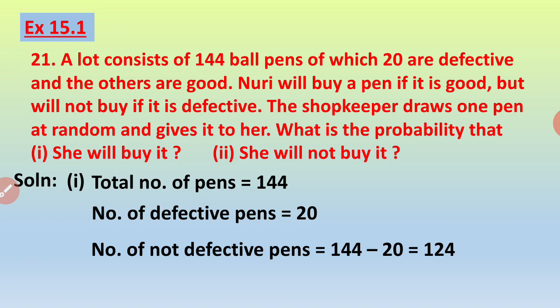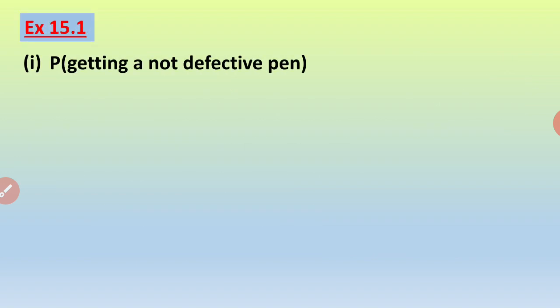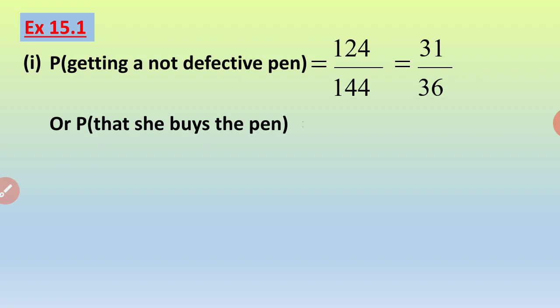So the probability of getting a good pen, or a not defective pen, would be 124 upon 144, which can be reduced further to 31 upon 36. And this itself will be the probability that she buys the pen, because she is buying only if it is good.